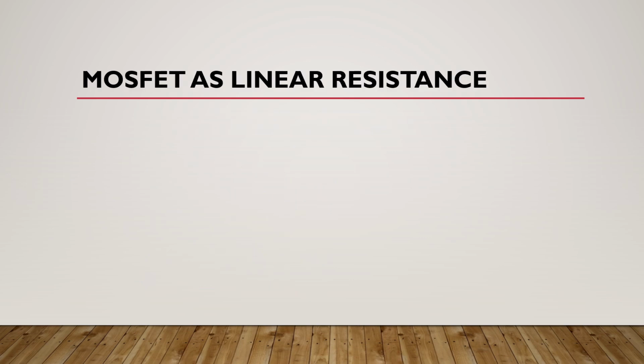The MOSFET behaves as a linear resistance RDS when drain to source voltage is kept small and the value of this resistance is controlled by the gate voltage VGS. The formula of this resistance is RDS is equal to 1 divided by conductance of the channel.